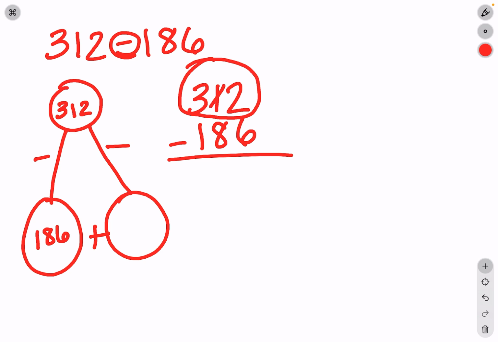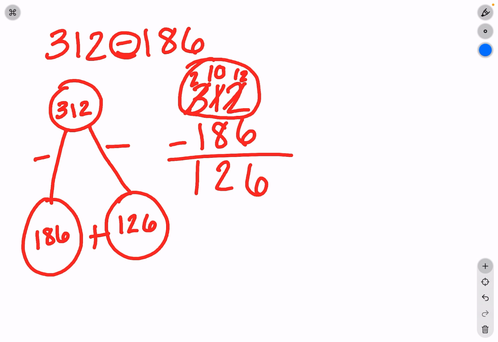I have a 10 that I can decompose, so now I have 0 10s and I have 12 1s. 12 minus 6 is 6. 0 minus 8, I cannot do that, so I need to decompose 100. So that's 2 hundreds. Now I have 10 10s. 10 minus 8 is 2. 2 minus 1 is 1. So my answer is 126.